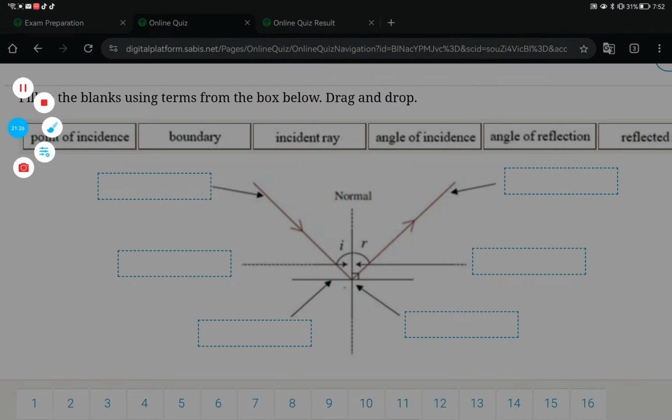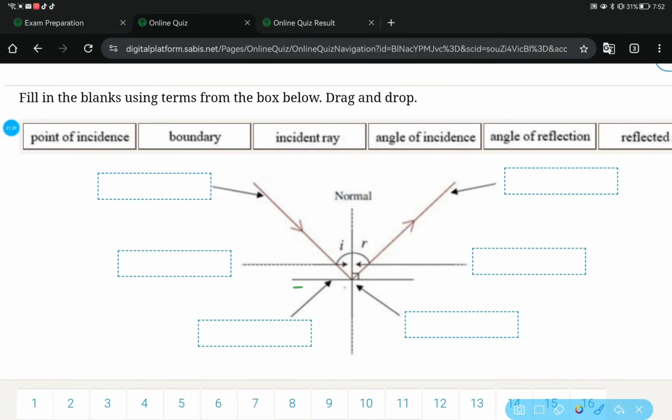So, let's start explaining this. As we said before, this part is the boundary. It's separating the bottom part from the top part, whatever you want to call it. It's just separation, so it's the boundary. So, let's just put B here. Now here, these arrows are pointing to this area and this area. I also said this before, the area between the first ray that strikes, which is the incident ray, and the ray that's copying the incident ray, which is the refracted ray.